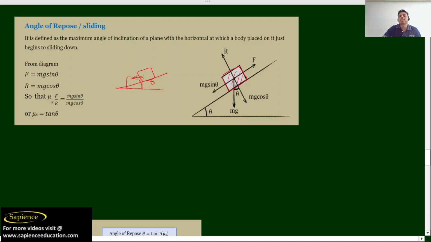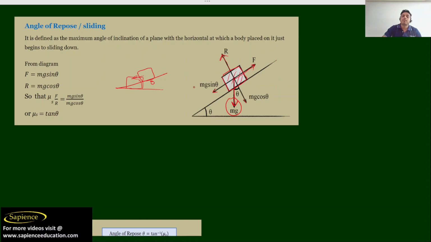So which forces are acting here? I have already taught you in the free body diagram. mg is acting downward, so can I resolve this mg into components, that is mg sin theta and mg cos theta, and there is always a reaction force perpendicular to the surface.